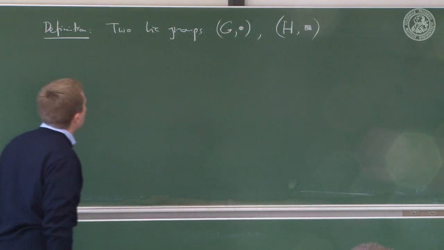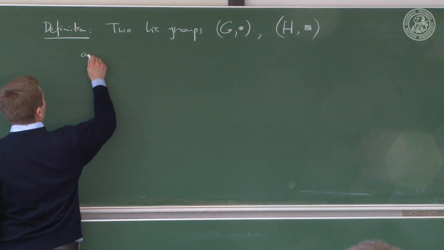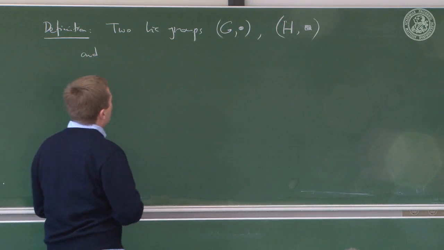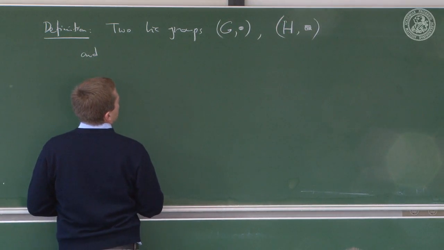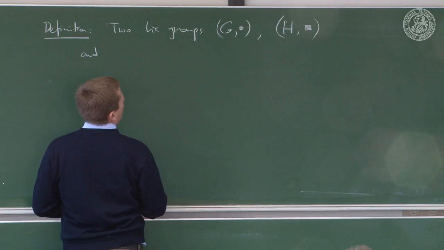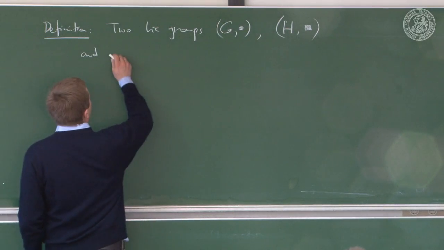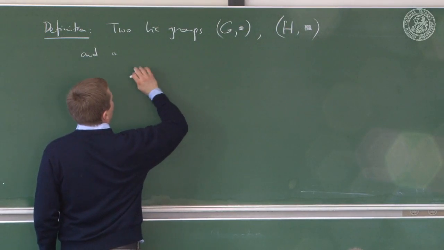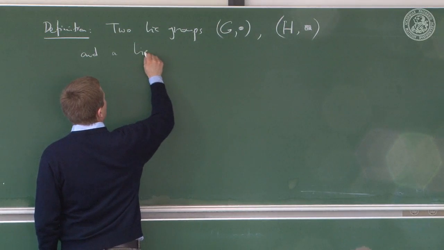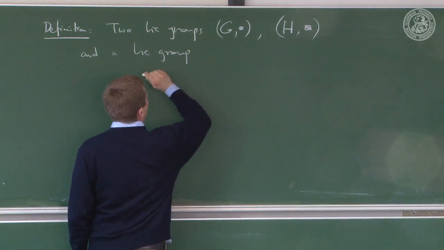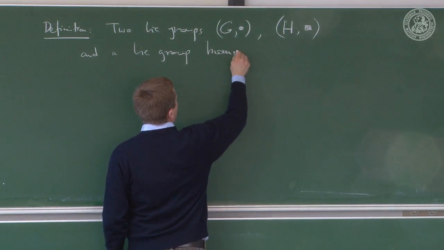And let's make it a bit more tricky. Let's have two Lie groups and a Lie group homomorphism.